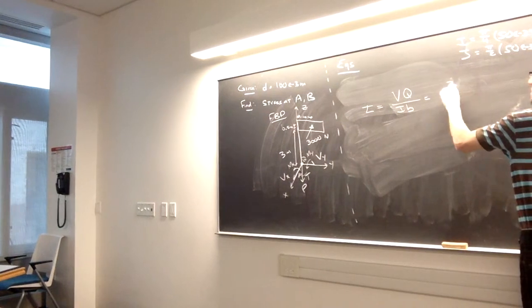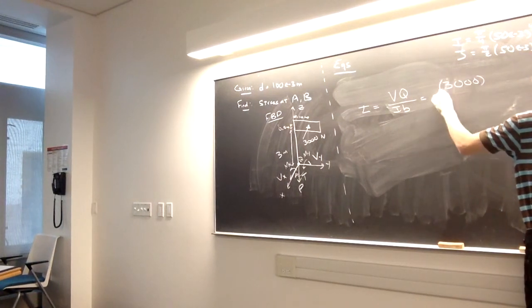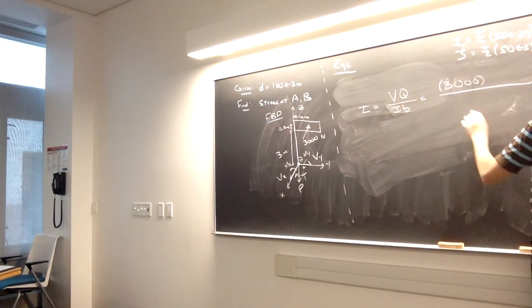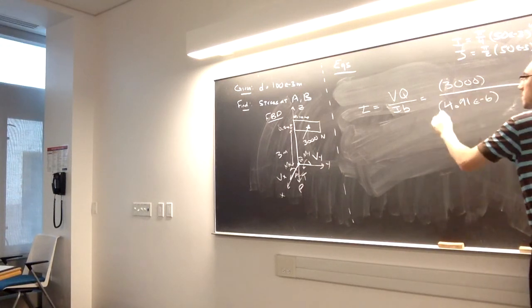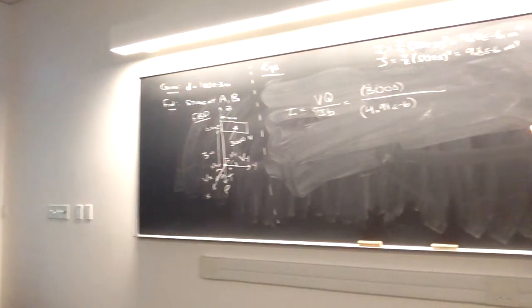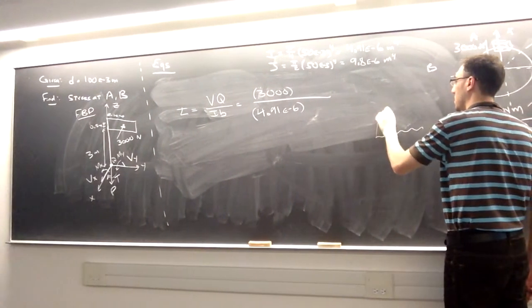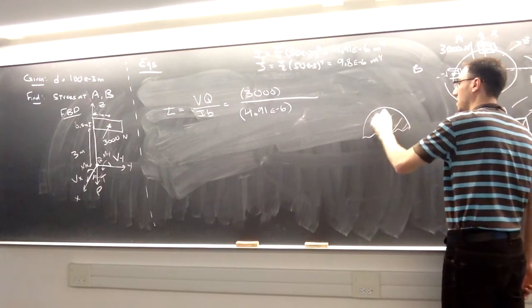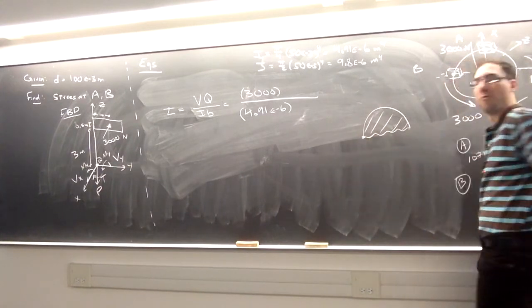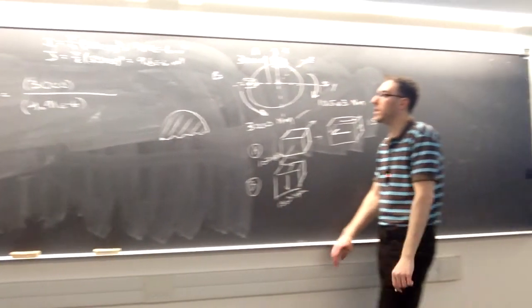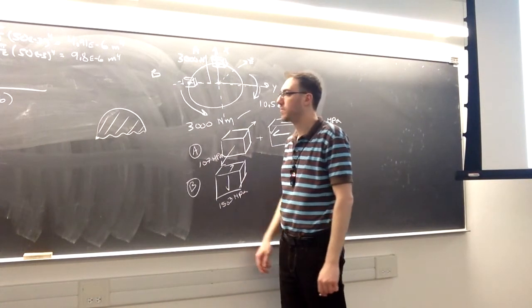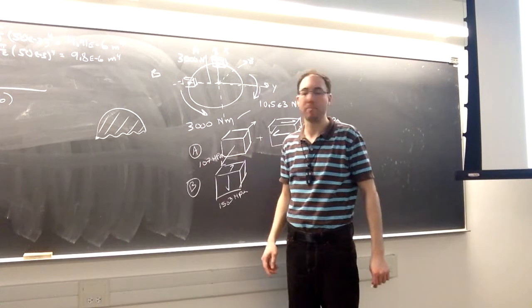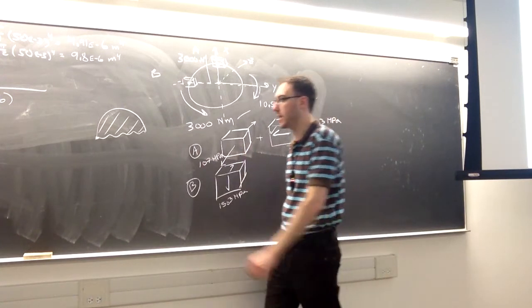We know that the force is 3,000 newtons. We know the value of I. So if we're interested in the stress at point B, we have to make a cut across the cross-section on the plane that point B lies on, or the axis that point B lies on.